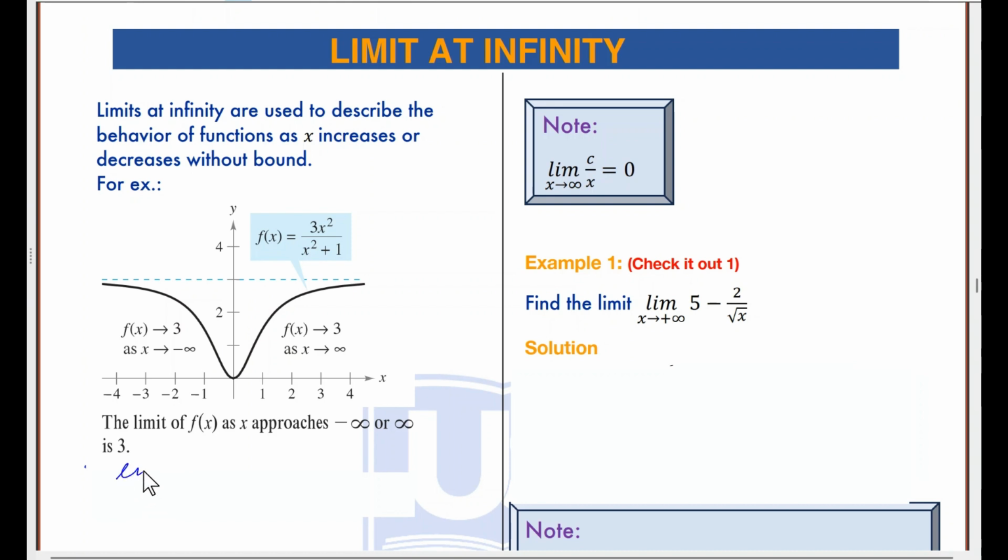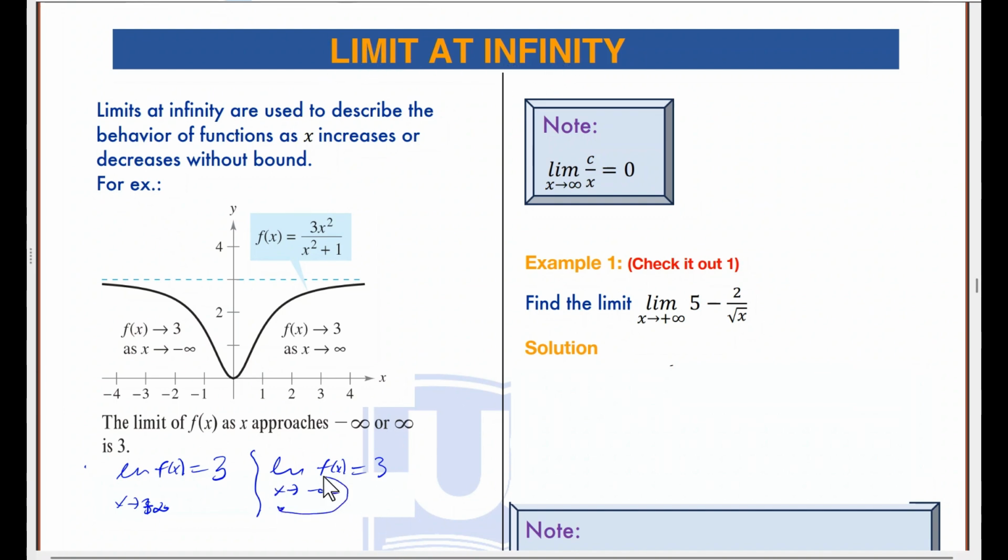So the limit as x approaches positive infinity of f of x is 3. Similarly, as x values are getting very small, going to the left, to negative infinity, the function is approaching 3. So this is what limit at infinity is.